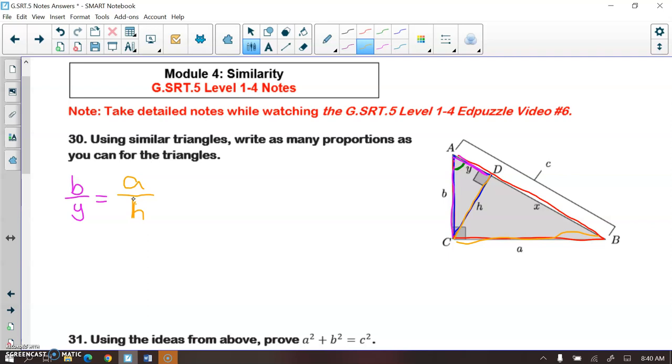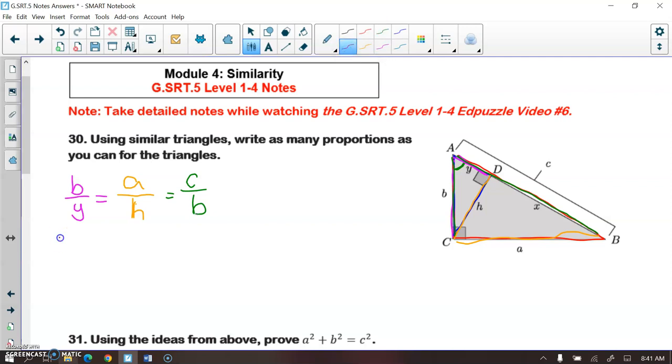And then we have one last side here. So on my big triangle, the side that's across from my right angle is side C. And on my blue triangle, the side that's across from my right angle is side B. So using these three things equal to one another, we can actually write 3 separate proportions here.